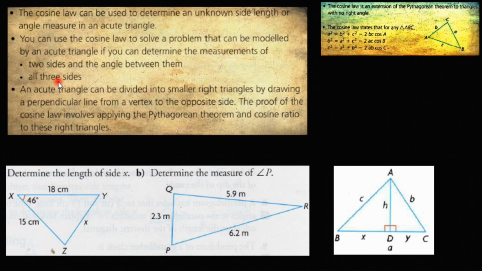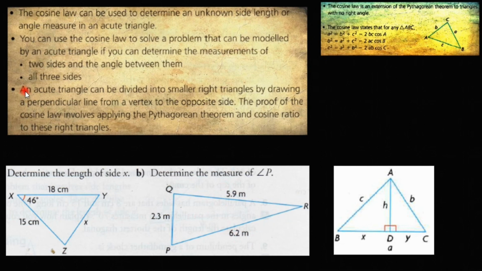If we know all three sides of a triangle, we can determine any angle. For example, to determine angle R, we use the cosine law: 2.3 squared equals 5.9 squared plus 6.2 squared minus 2 times these two sides times cosine R. We know three measurements, so we can find the angle.